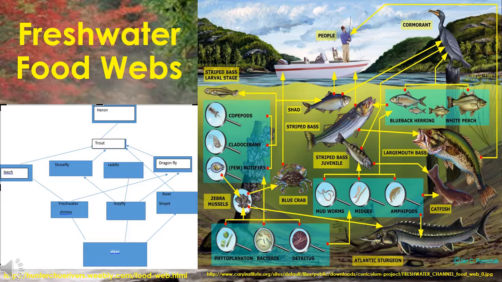Whereas if you look to the right, you will see a much larger scale freshwater channel. This is actually a food web of the Hudson River. And one reason why I predominantly picked this food chain is it includes people, which most food webs don't think to include.